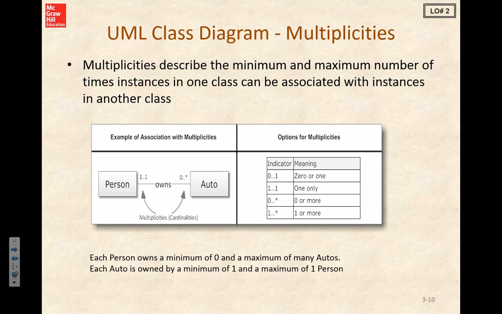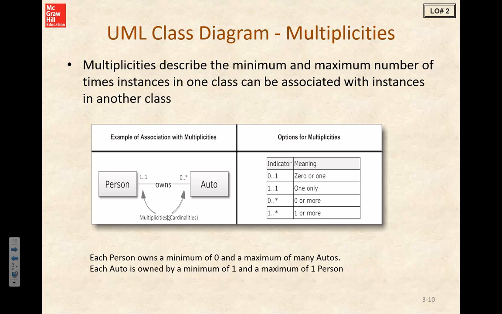For a maximum, the value could be 1, or if we wanted to say many, we would put a star. Let's take a look at the example in front of us, which is registered vehicles. It's optional that a person owns a vehicle, but it is mandatory that the vehicle be owned by a person in a registration situation.